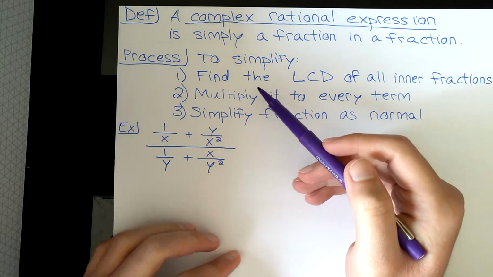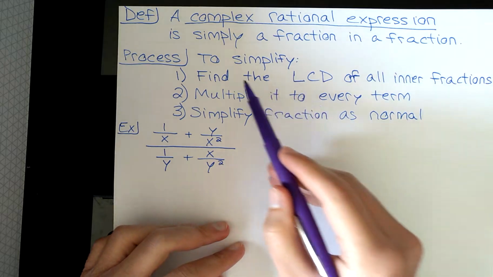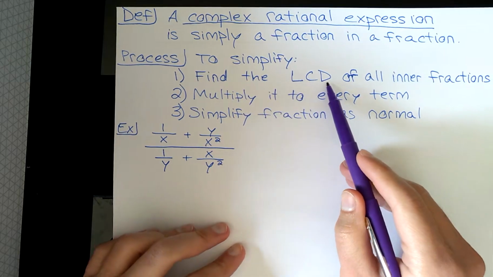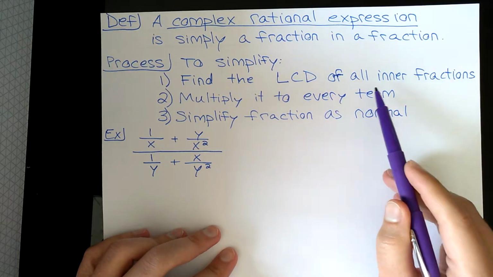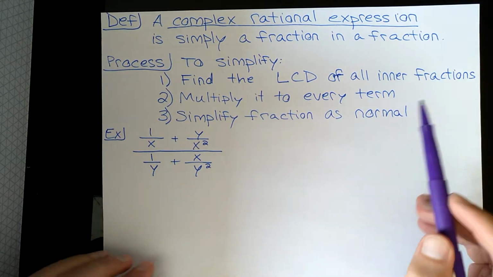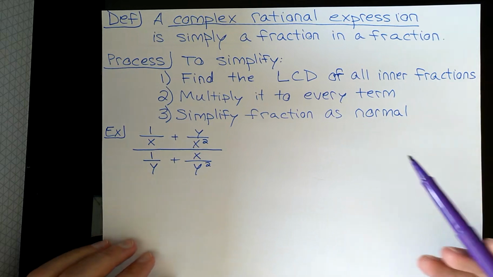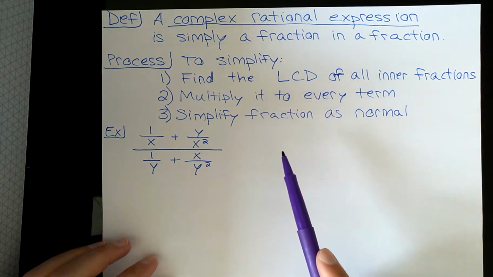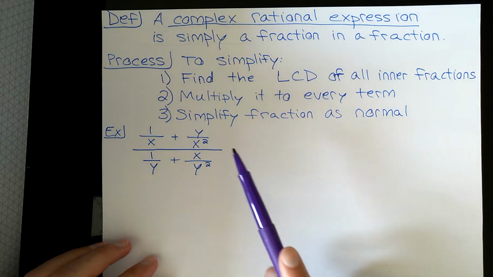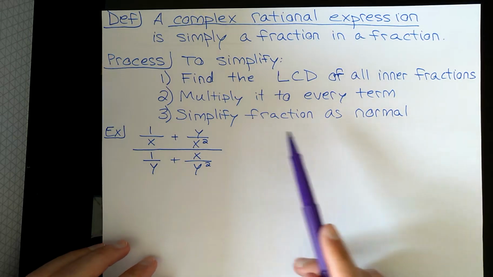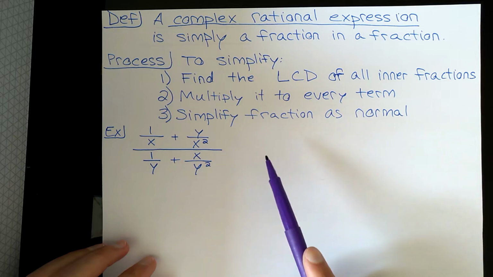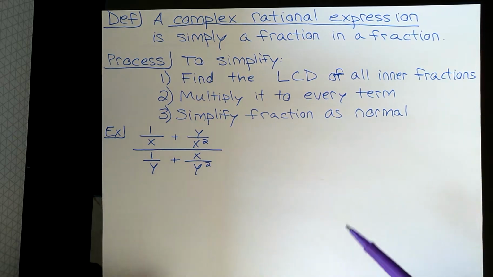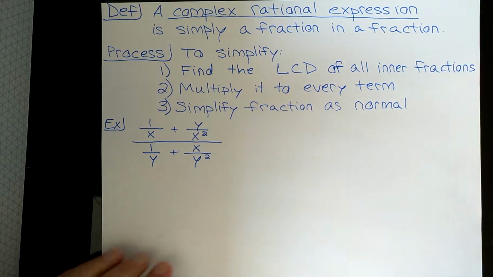So to simplify these types of problems, we have to start by finding the LCD, the least common denominator, of all the inner fractions. And once we do that, we will multiply that to every single term. And when that is multiplied to every single term, it will eliminate all of the inner fractions, and then we can just simplify like any other rational expression.